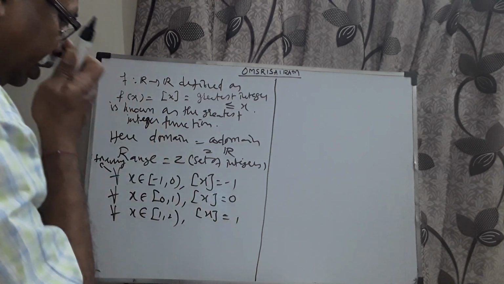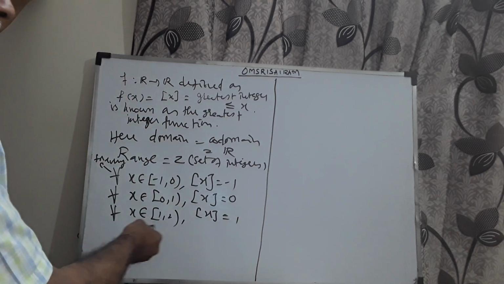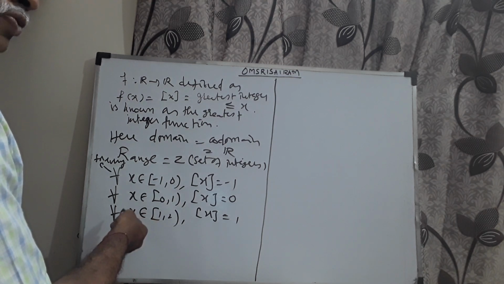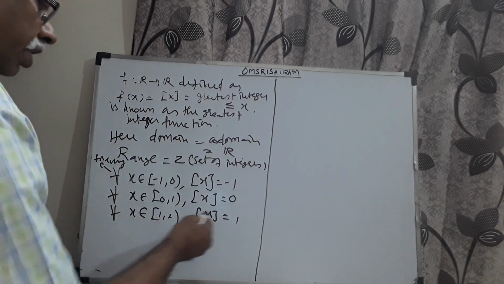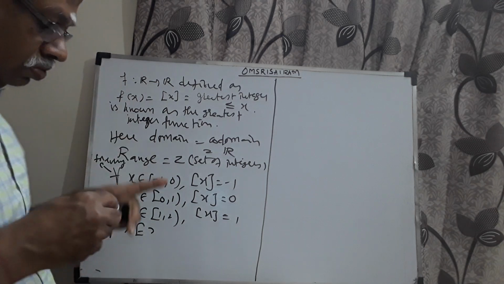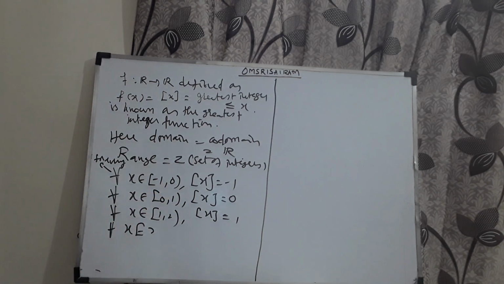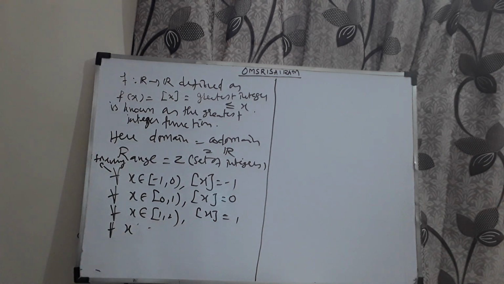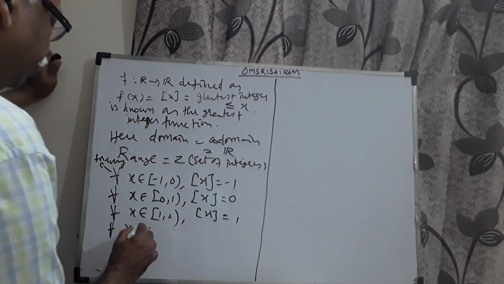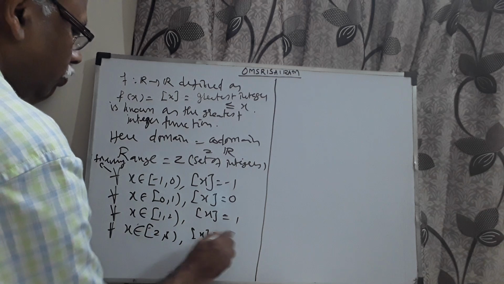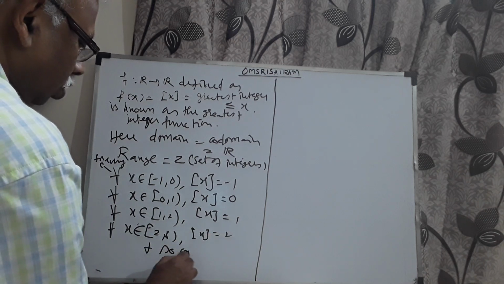For any value, there are infinitely many integers less than or equal to that. What are they? 1, 0, -1, -2, etc. Out of which the greatest value is 1. Therefore, you can even say next one, x element of [2, 3), closed at 2, open at 3. For any x element of [2, 3), box value will be 2, and so on. This is how it will go.